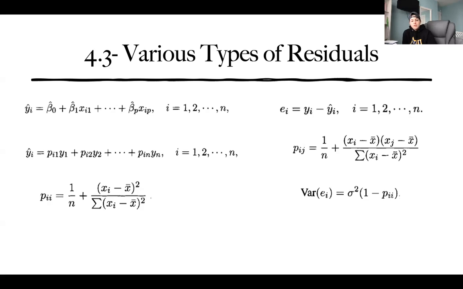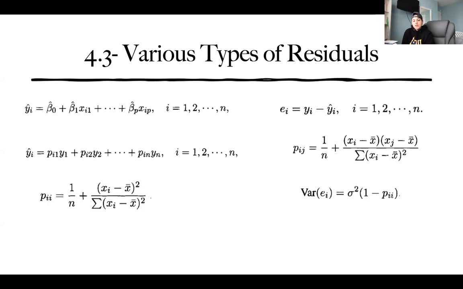When these assumptions that we spoke about earlier hold true, the ordinary residuals will add to 0, but will not have the same variance, due to the fact that the variance of the errors is equal to sigma squared times 1 minus our p sub ii value.